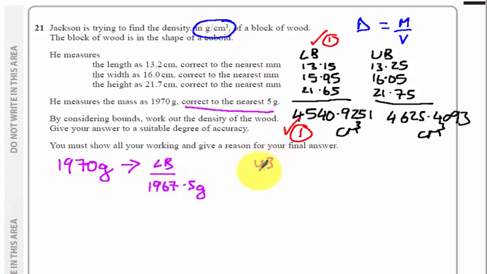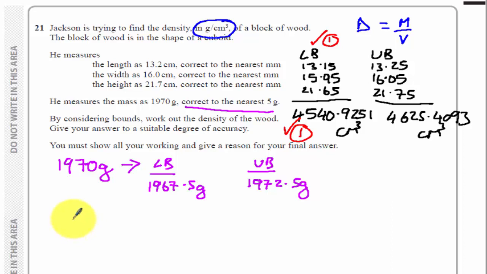And the upper bound is 1,972.5 grams. Again, that's the first value that wouldn't round to 1,970. The lower is the smallest number that rounds to 1,970 if you're rounding to the nearest 5. The upper is the first number that doesn't round.